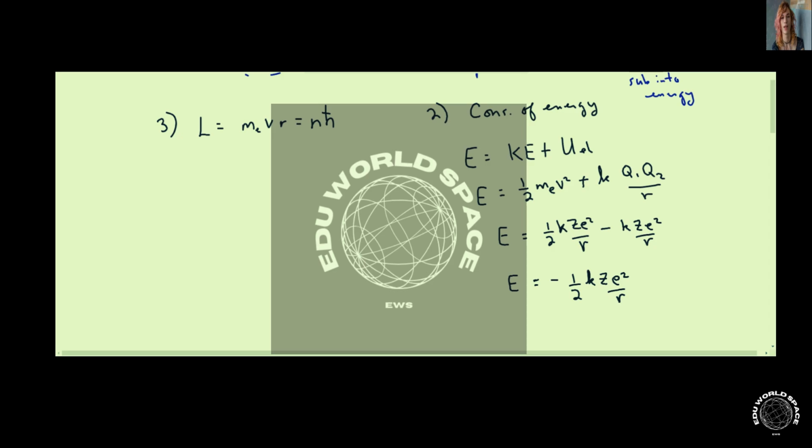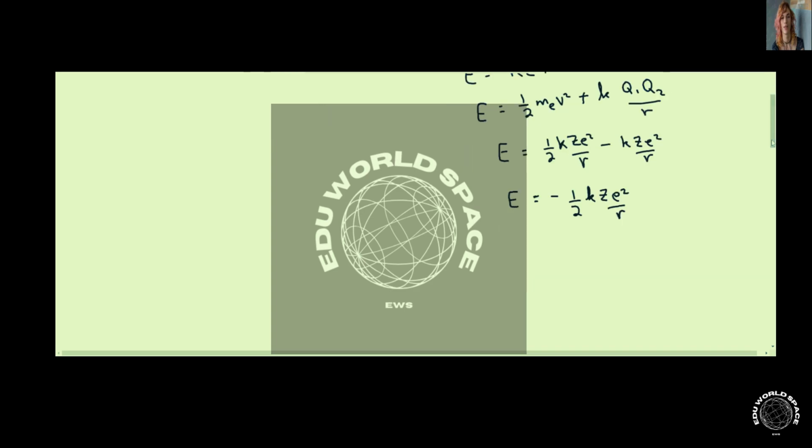So what we need to do is find that energy as a function of n. So our next algebra steps are going to use equations 1 and 3, which have the two unknowns r and v in them, and substitute for one in relation to the other and eliminate one of those.